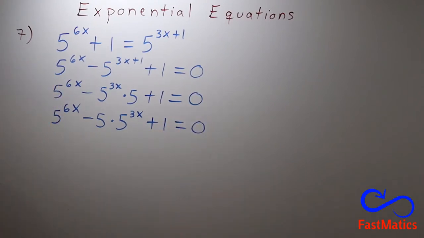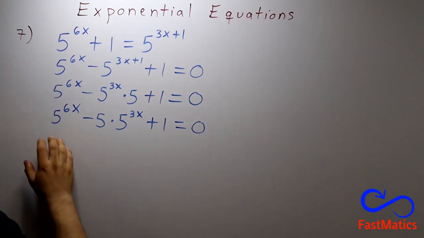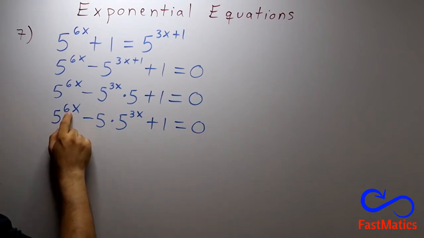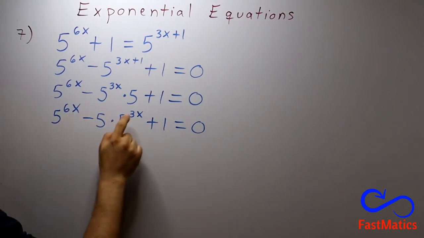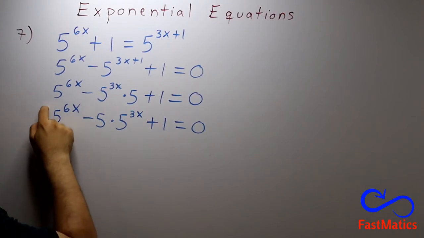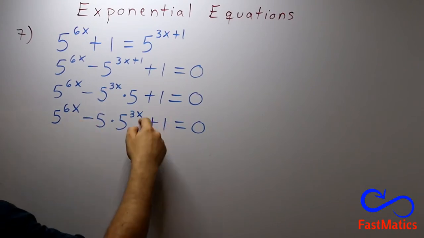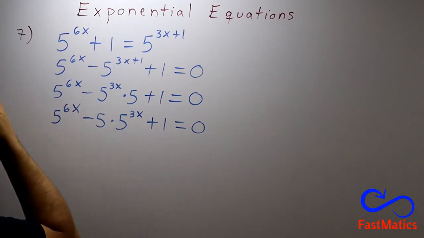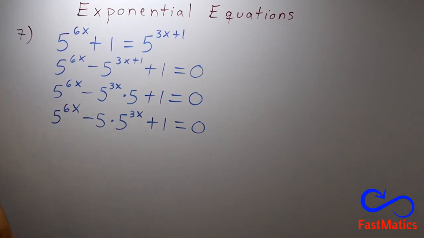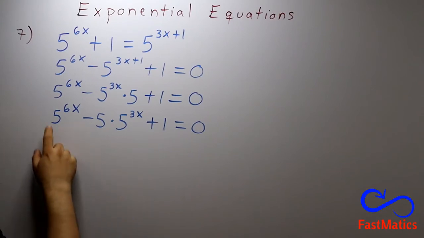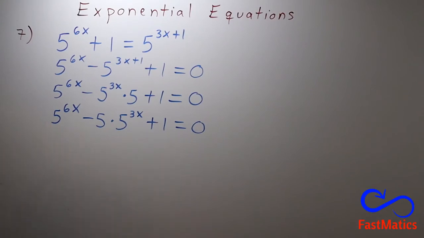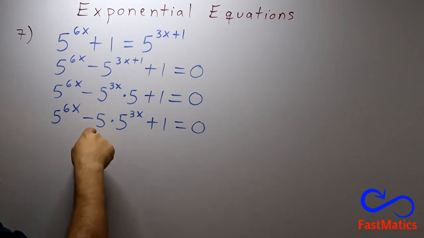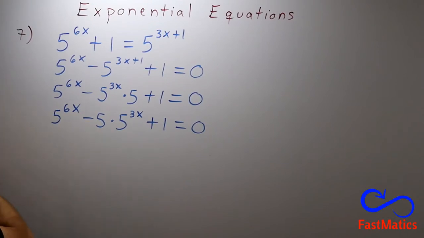And here I see a quadratic form because this exponent is twice this exponent. I have a coefficient here, and a term that has no x here. Then I can use the quadratic formula because factorization will not give me the -5 that is in the middle.